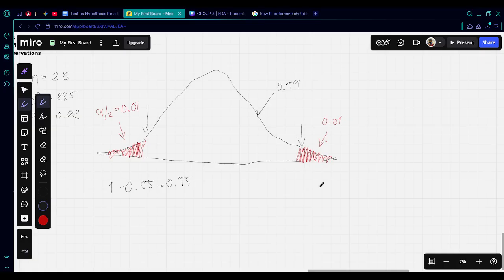So going back to our problem, we have here the upper tail and the lower tail. To get the lower tail, we will use 0.01. For the upper tail naman, we will use 0.99. So this is 1 minus the alpha level over 2, which is 0.99.